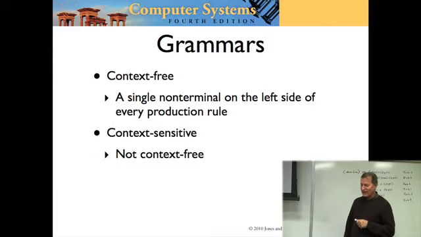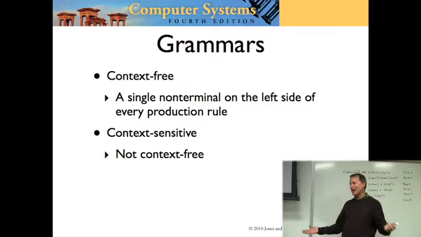Okay, so here, a single non-terminal on the left side of every production rule means that the grammar is context-free. And so, context-sensitive means what? Not context-free. Okay? So if it's not context-free, that means at least what?